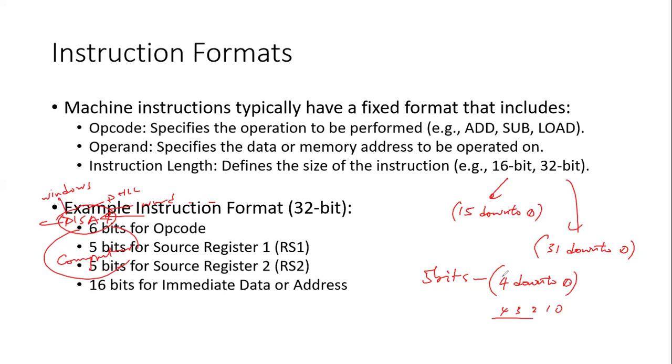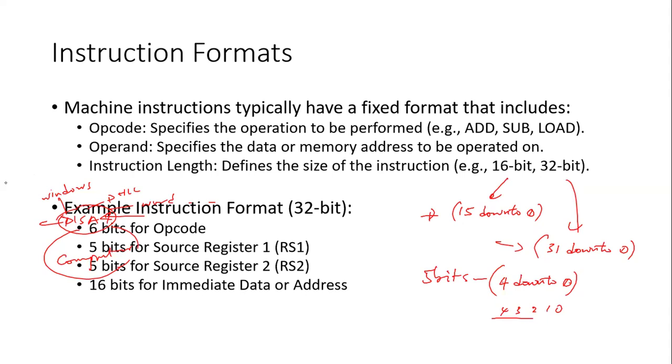So that's 5 bits. So from 0, taking 0 as 1 bit position to 15 will give us 16 bits. So we're able to specify the instruction length by using notations in that manner, okay?